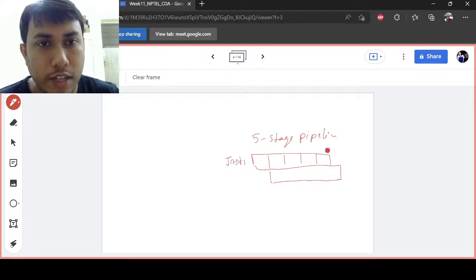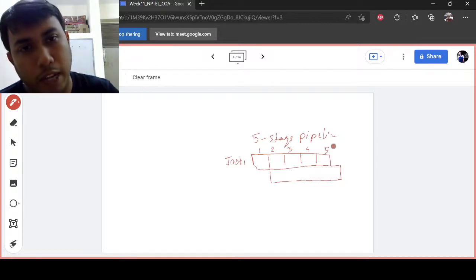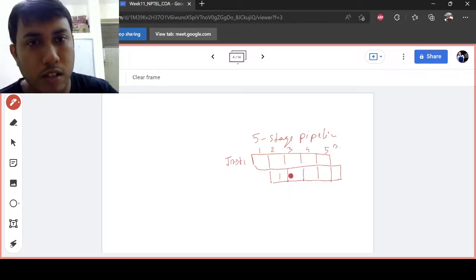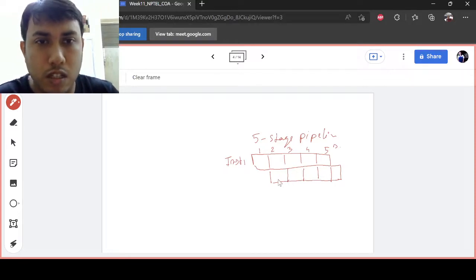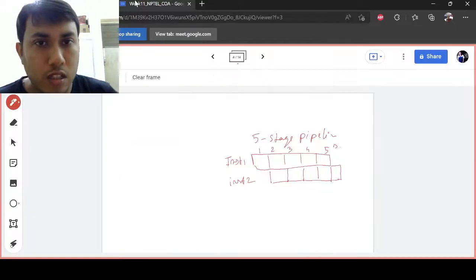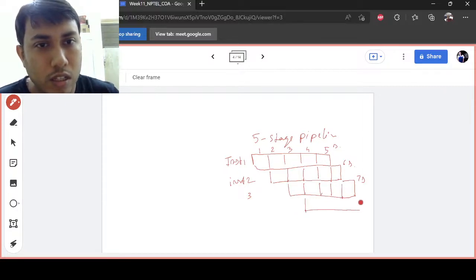The first instruction gets over at the fifth unit of time. The next instruction gets over at 6, instruction 3 gets over at 7, similarly the fourth gets over at 8, and the last, the fifth, gets over at 9.